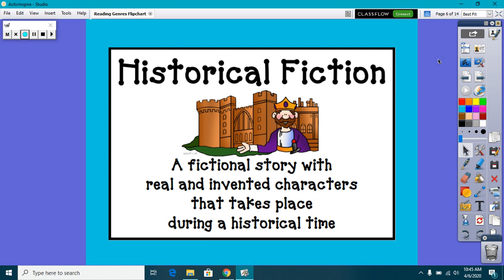This next genre is my favorite, and that is historical fiction, which is a fictional story, so it's made up, with real and invented characters that takes place during a historical time.